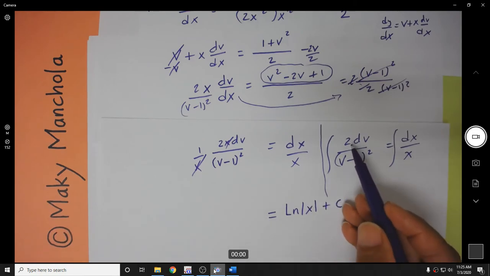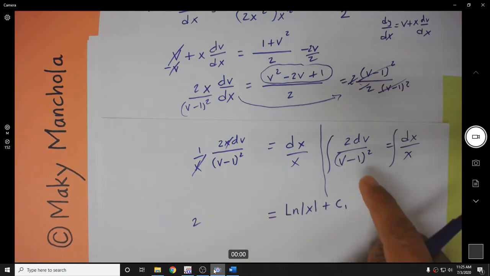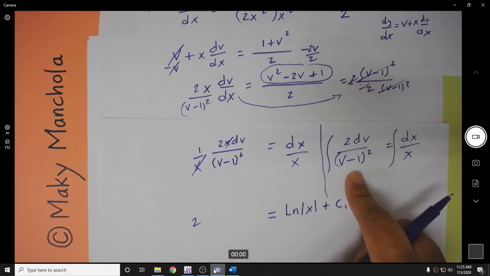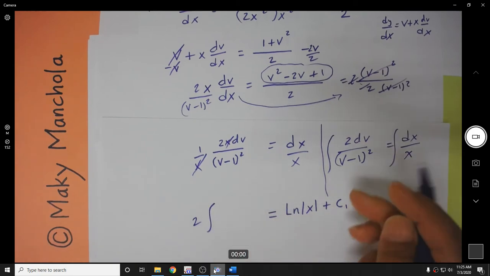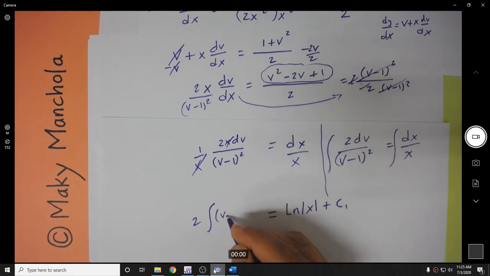On the left side, if you put the 2 outside and then apply the power rule for integrals, the integral that we are dealing with here is (v minus 1) to the negative 2 dv. Increasing the power gives you negative 1.